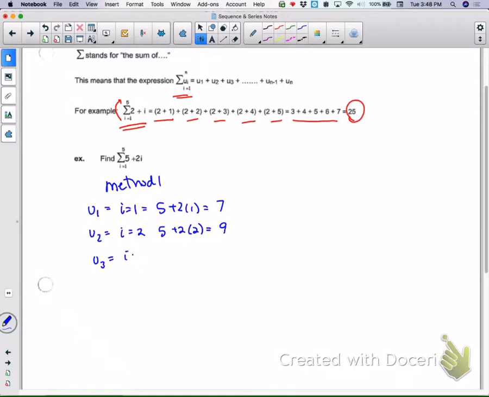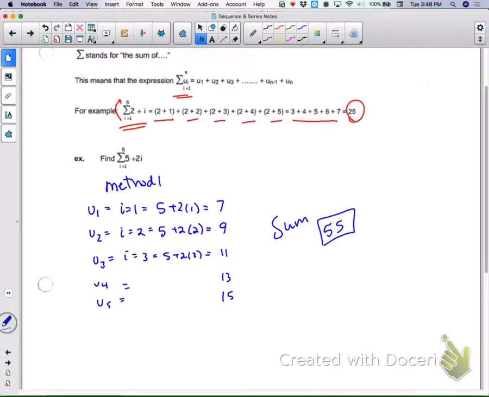Now, eventually here you'll notice a pattern because that's the deal with these. 5 plus 2 times 3 is equal to 11. Hey, what do you know? I'm adding 2 each time. So at that point, if you want to just kind of shortcut to, hey, this is going to be 13, and hey, this is going to be 15, that's fine. But now we need to actually add them up. So we're going to do the sum then, and that's going to be a sum of 55.